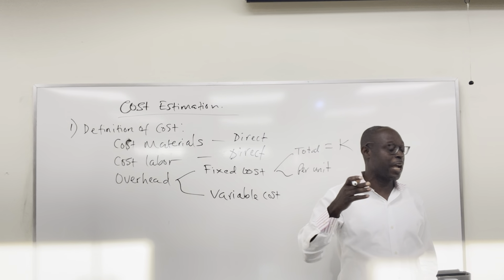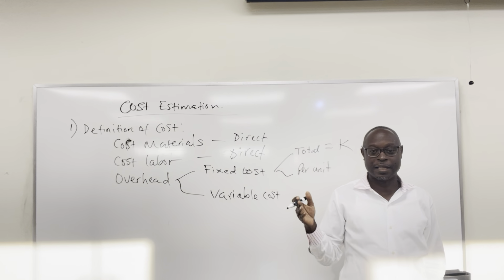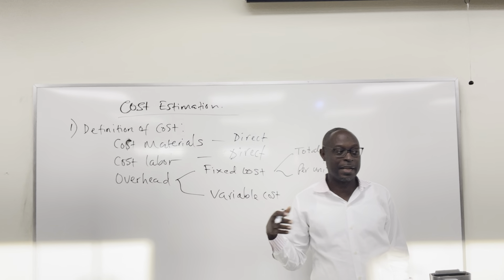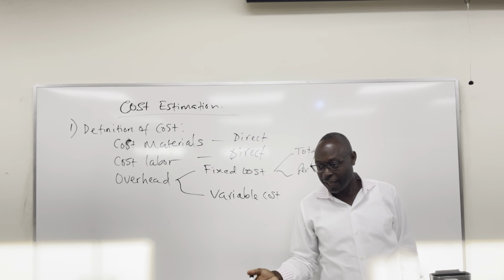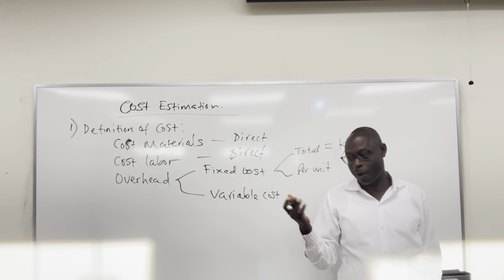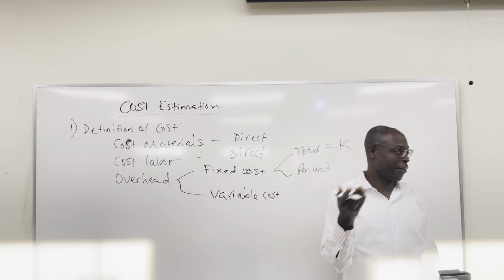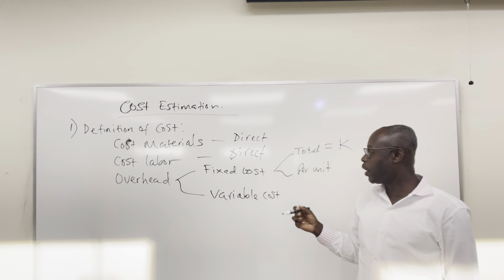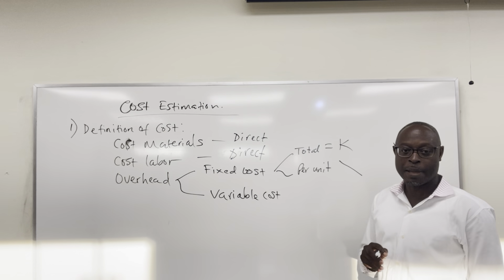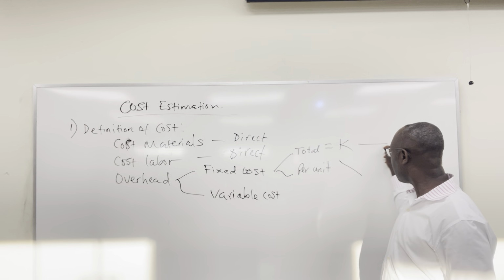But if you put 10 people here, $10,000 divided by 10, you are getting $1,000 per person. But if you put 100 people here, is going to be $10,000 divided by 100, and you are going to get $100 per person. So per unit, fixed cost is going to go down, but in total, it remains constant.